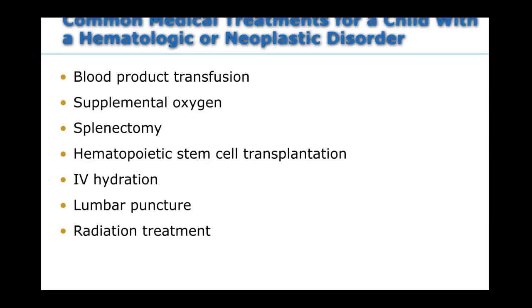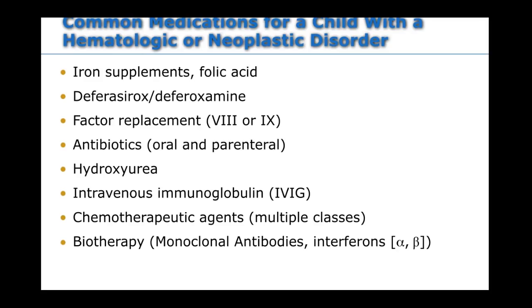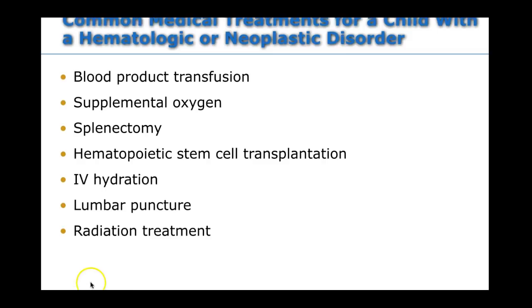Bone marrow biopsy is what you're going to get if you're thinking leukemia. You may see some indication that it might possibly be leukemia on a CBC, but for the definitive answer, is it leukemia, is it not, you've got to get some bone marrow. So a bone marrow biopsy is what you need to do.